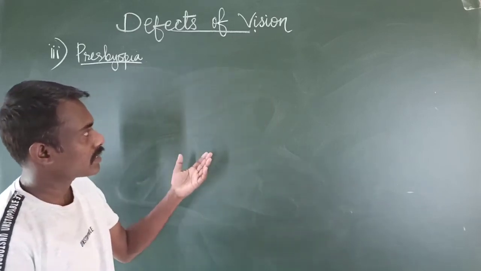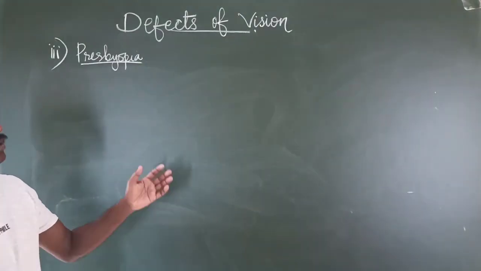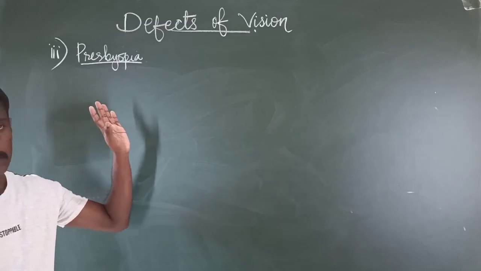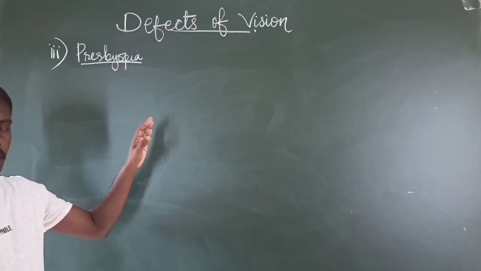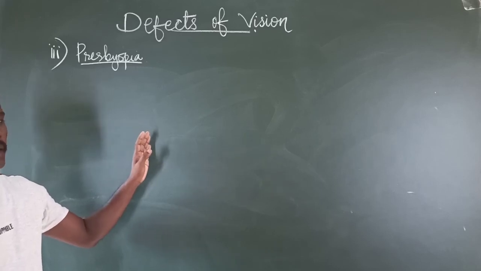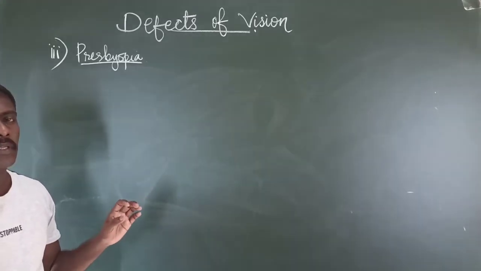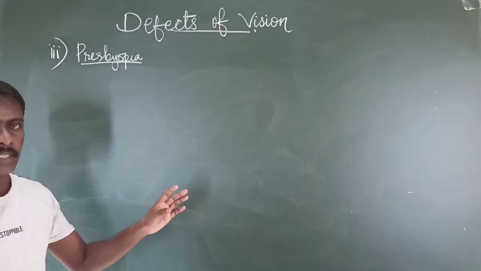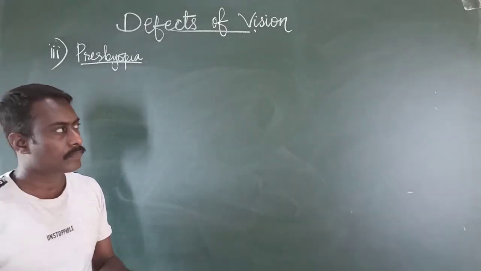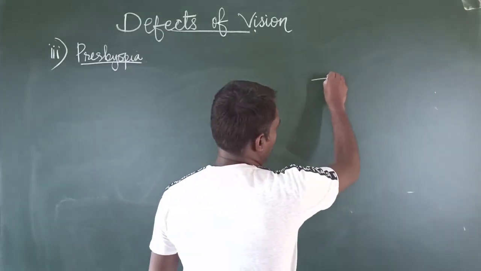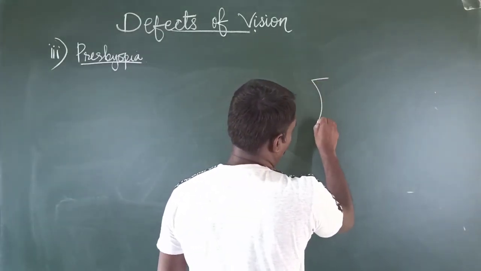From the previous cases, we have learned that a myopic eye cannot see distant objects clearly, and a hypermetropic eye cannot see nearby objects clearly. So we use a bifocal lens, a combination of a convex and concave lens.